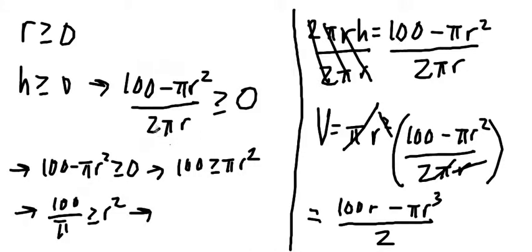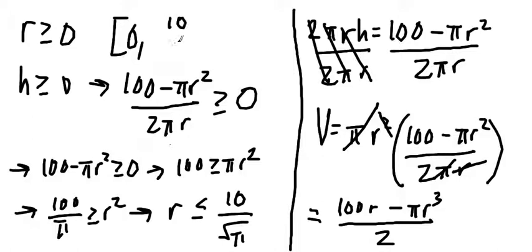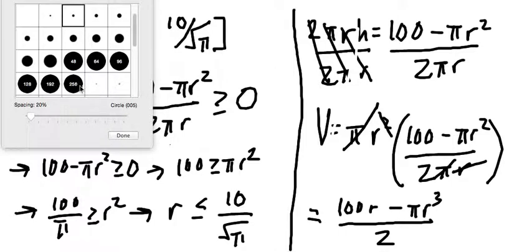And this happens, assuming that r is greater than or equal to 0, when r is less than or equal to 10 over the square root of pi, just taking the square root of this expression. So this tells us that r has to lie in the interval from 0 to 10 over root pi. This means that we can use the closed interval method. Of course, it's pretty much impossible for the radius to literally be equal to 0.